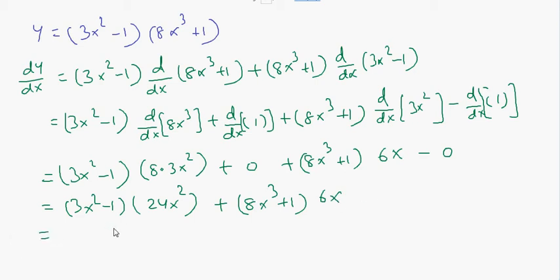Now 3 times 24 is 72x to the power 4 minus 24x squared.